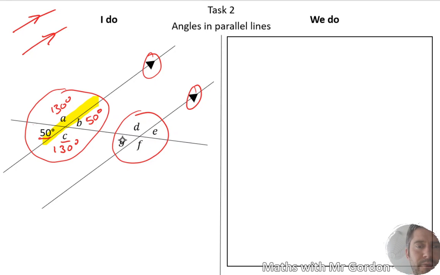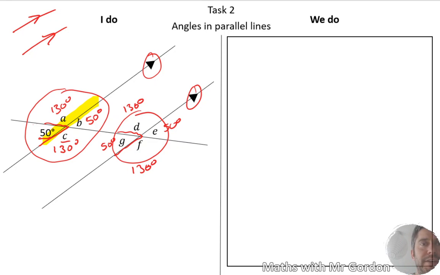So this angle in the bottom left corner is going to be 50 degrees. This one over here is going to be 50 degrees. This one up here is going to be 130 degrees. And this one down here is going to be 130 degrees. So we can derive all these angles just by looking at that.